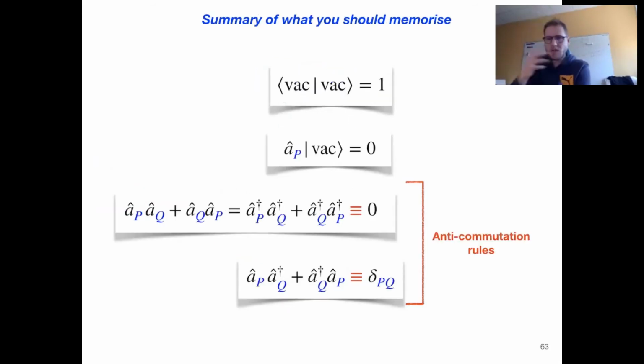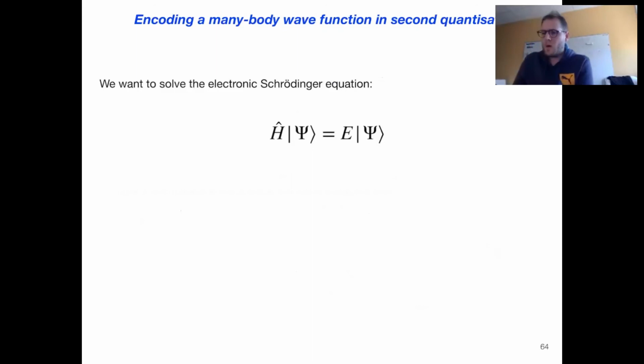Okay, so now that you know the formalism, the language, let's see how we can use it, because there's no point in learning it if it's not useful, but it is, you will see. So why do we learn this? And why do we want to learn how to encode a many-body wave function? Well, because at least in chemistry, you may want to solve the Schrödinger equation.